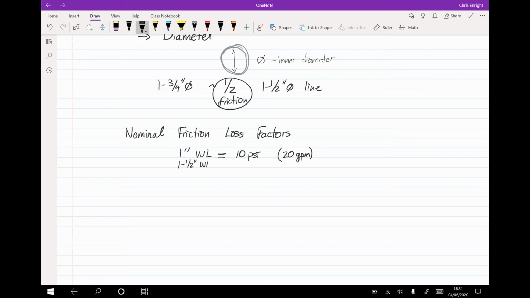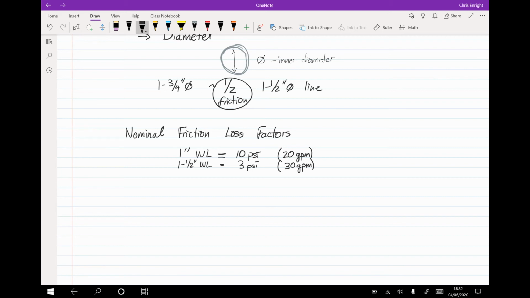A 1.5-inch wildland hose, which means it's not jacketed on the inside to the same extent as a structure hose, so it's a little rougher. That gives us 3 psi. Note that we're at 30 GPM though. So like wildland mode, slow, easy delivery of water, not aggressive delivery of water.